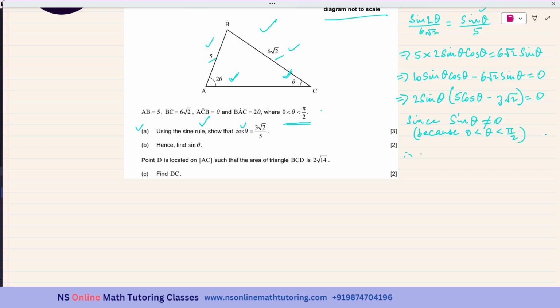Therefore, 5 cos theta minus 3 root 2 should be equal to 0. So this gives us the value of cos theta as 3 root 2 over 5.